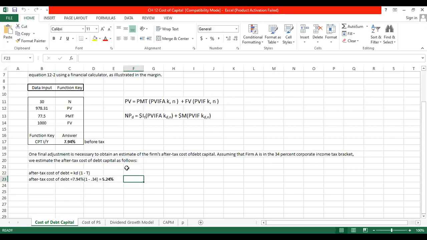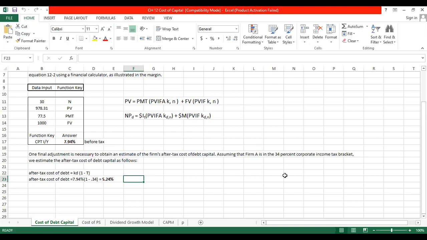So this is the after tax, and this is the before tax. Usually the before-tax interest rate will be higher compared to after tax. This is 7.94%, this is 5.24%. The 34% here you get from the corporate tax rate. It depends. Let's say in Indonesia it only gives you like 25%, so it's supposed to be 25%.